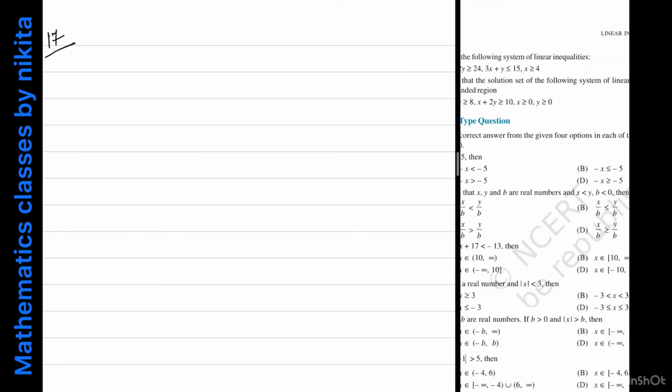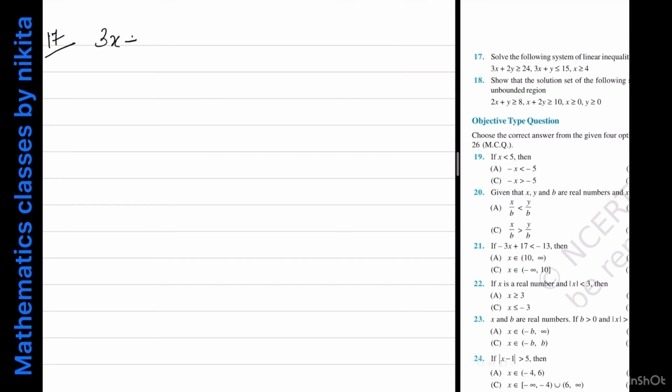So the first is 3x plus 2y greater or equal to 24. Next you have 3x plus y less than or equal to 15, and next you have x greater or equal to 4. So let us first take the lines one by one. So 3x plus 2y equal to 24.